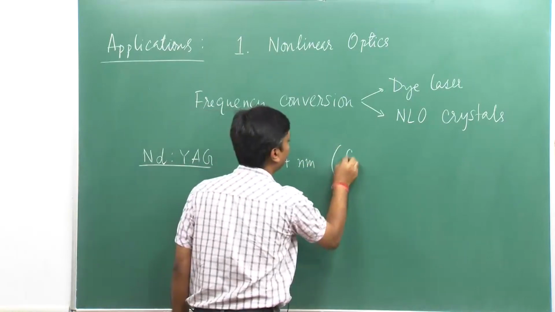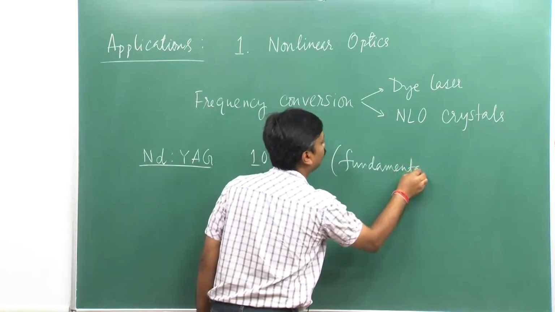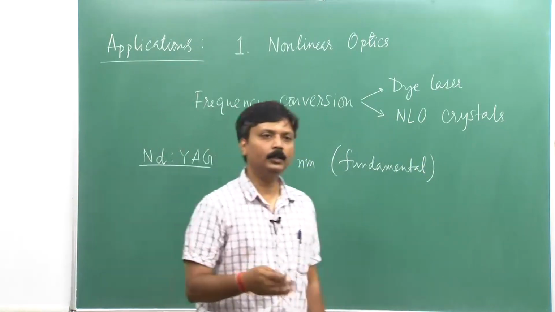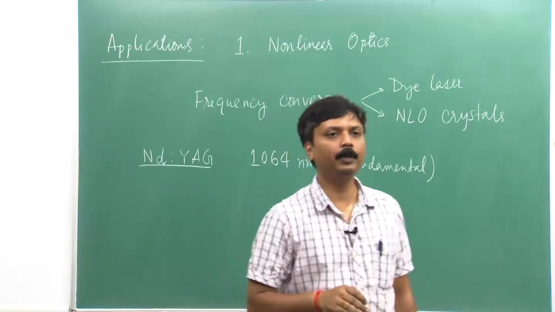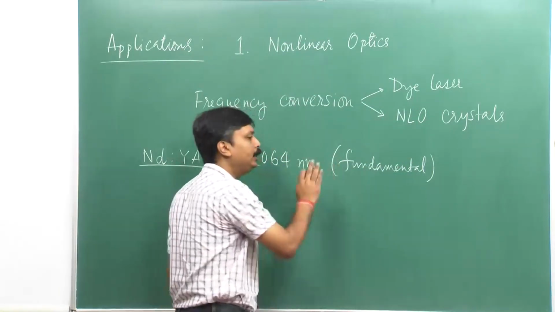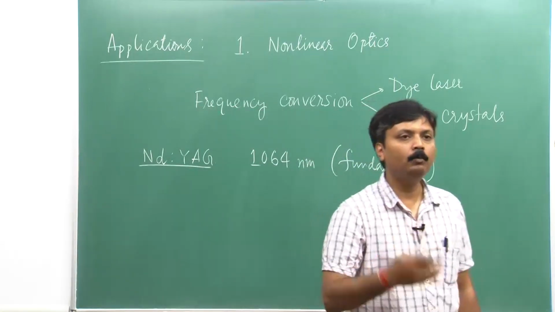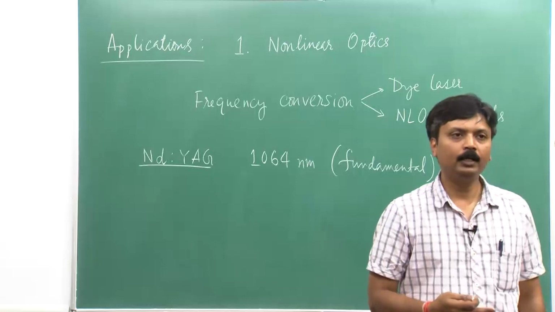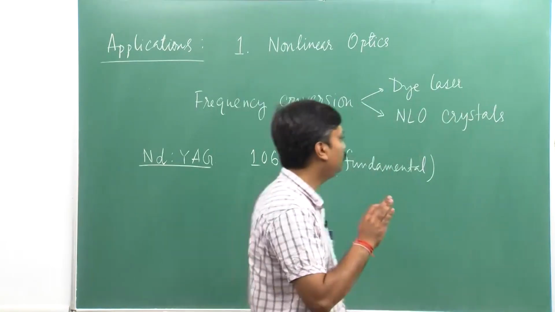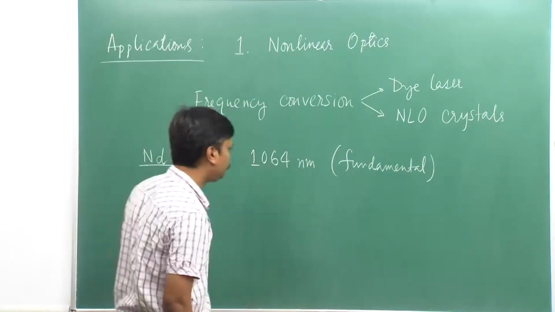That is the fundamental. Why we are calling it fundamental will become clear. Essentially, whenever we deal with any laser, the wavelength directly coming out of the laser cavity is called its fundamental wavelength, which is directly related to the active medium and its properties.